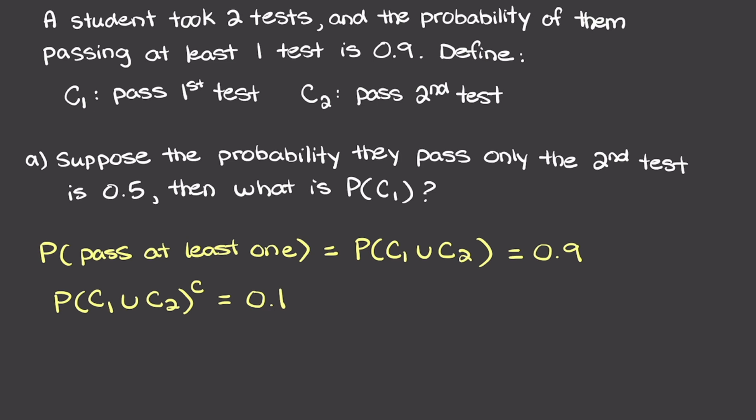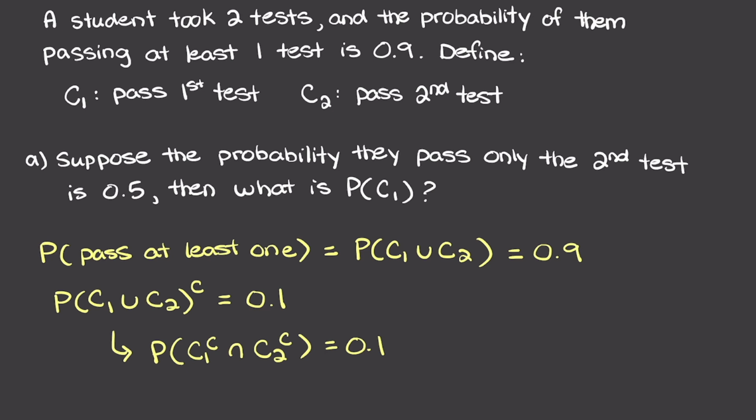Now, one other thing you might notice is that (C1 union C2) complement can be written in a different way by De Morgan's law, covered in a previous video. It is equal to the probability of C1 complement intersect C2 complement. So these two are equivalent by De Morgan's law, and we're writing that down because we're going to see what's helpful later on.